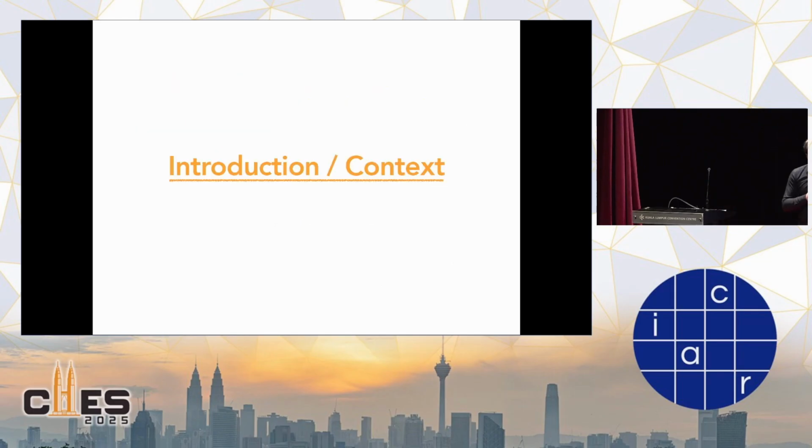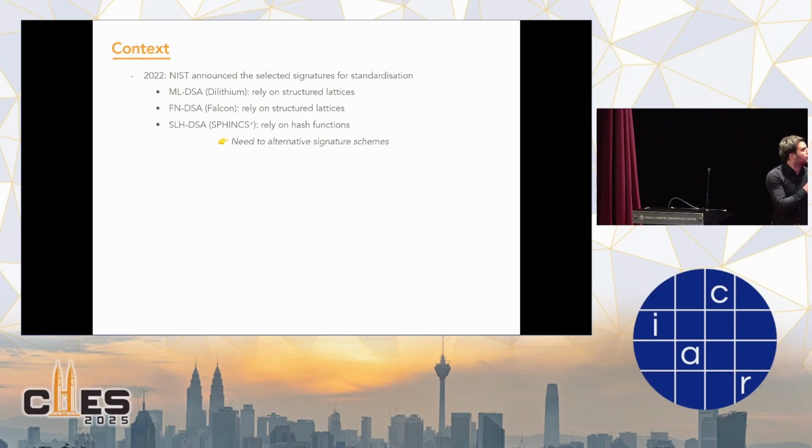Let's start with some introduction, a few elements of context. The previous talk already introduced the notion of MPC in the head. I guess almost everyone knows the history of post-quantum crypto. There are some lattice signatures which have been chosen for standardization.